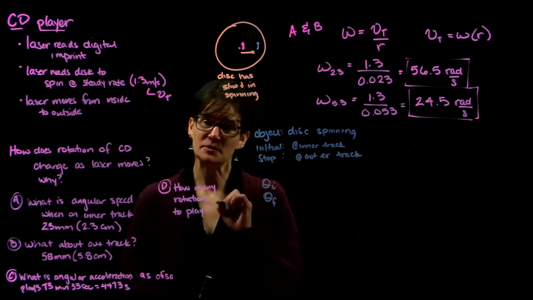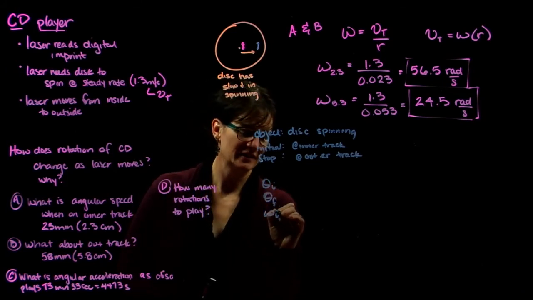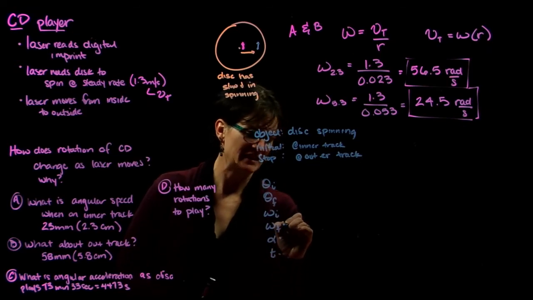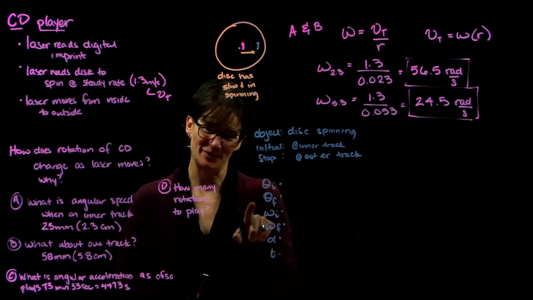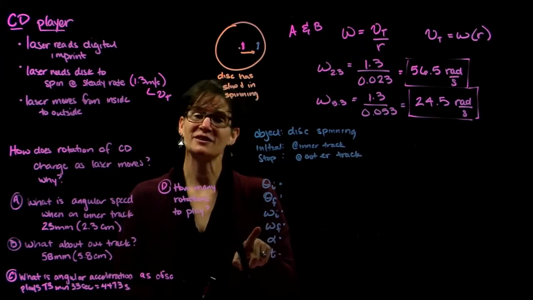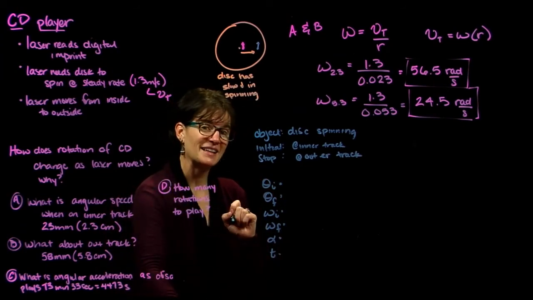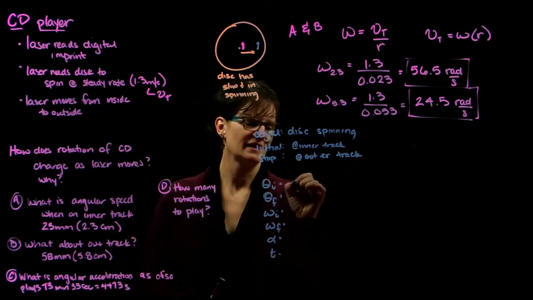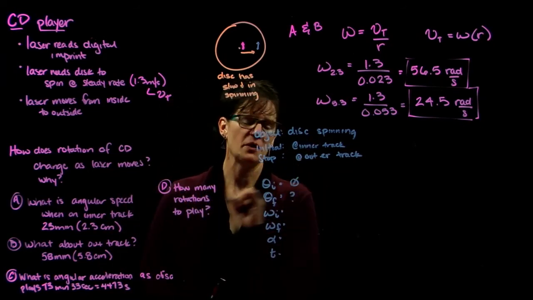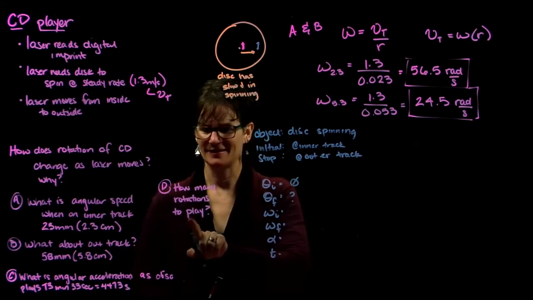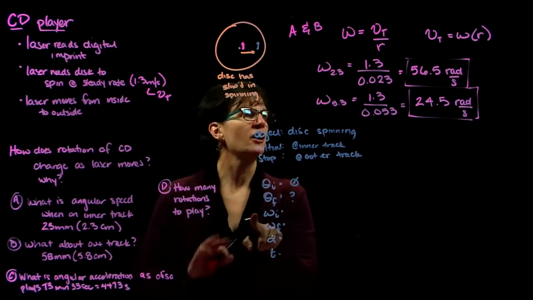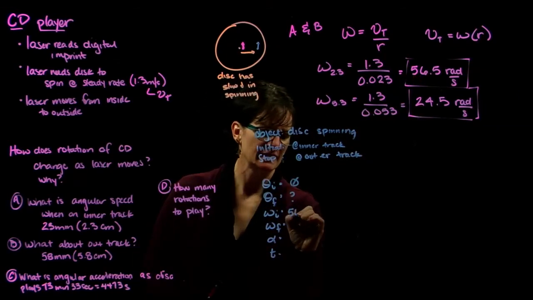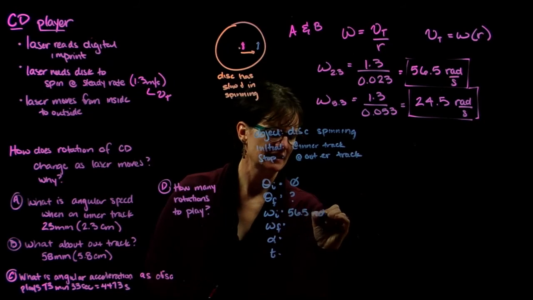All right, so our list of variables is just like in our kinematics relationship, where we have initial and final radial position. We have initial and final angular velocity, and we have angular acceleration and time. So if we start at our initial, we don't know how many rotations it makes. That'll be part D. Our initial is at the inner track, so at 56.5 radians per second.